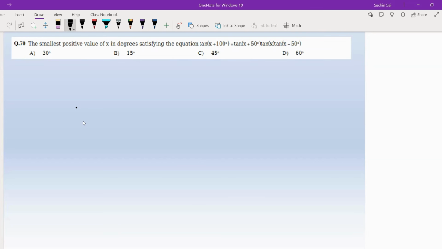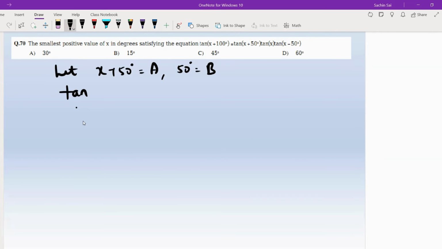So there's one thing I can observe here. I can define let x plus 50 degrees as A and 50 degrees as B, because I have a term on the right hand side.